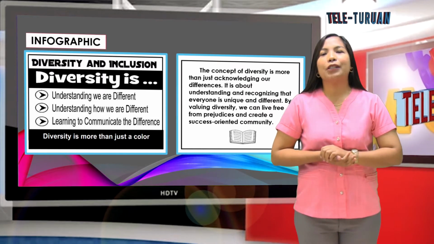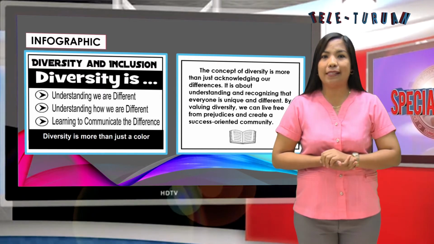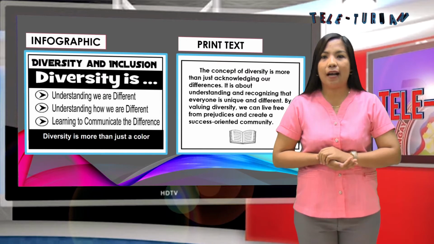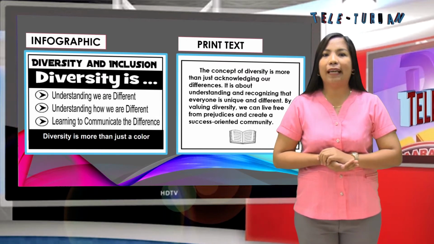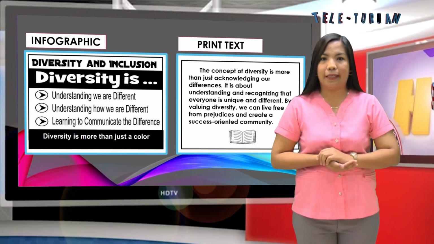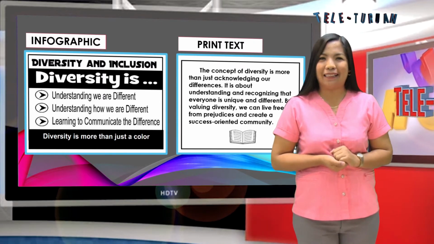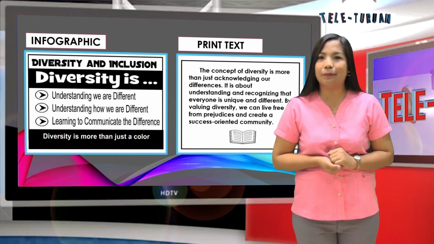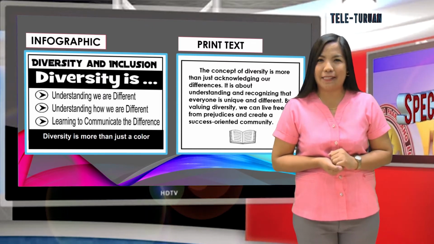The infographic shows how we should understand and communicate our differences, while in the print text, diversity was defined as understanding and recognizing our differences to create a prejudice-free and success-oriented community. And yes, you are absolutely right. In infographic, the topic was discussed using short phrases, while in print text, it used sentences.